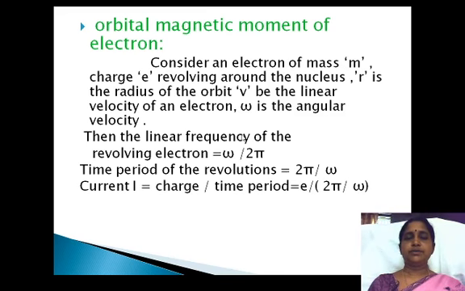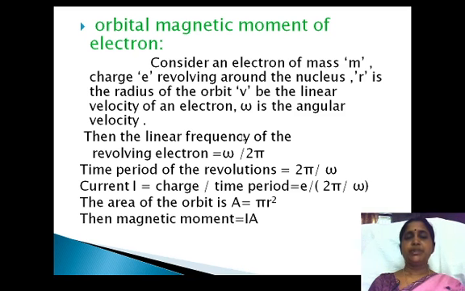Current I is equal to charge by time period. Here the charge of the electron is e and the time period is 2 pi by omega. The area of the orbit is A equal to pi r square.